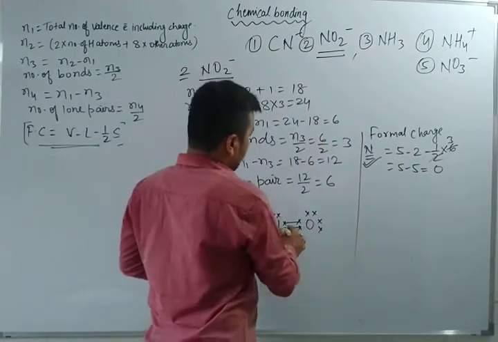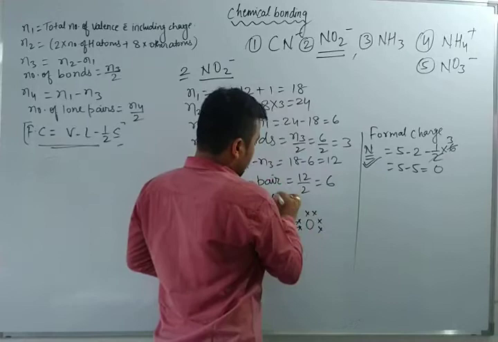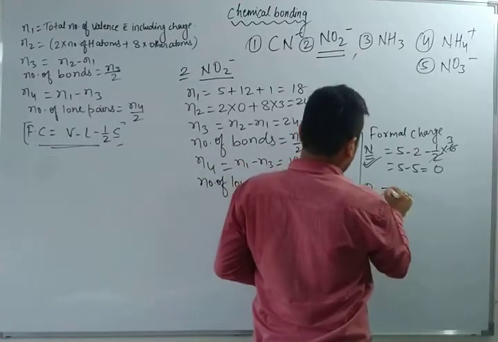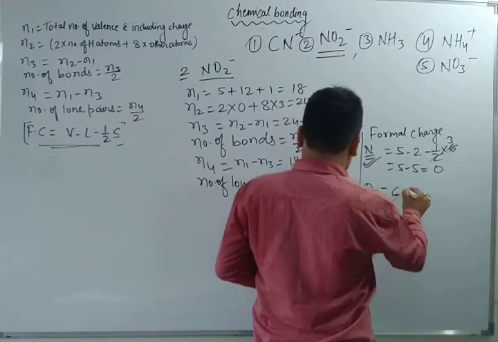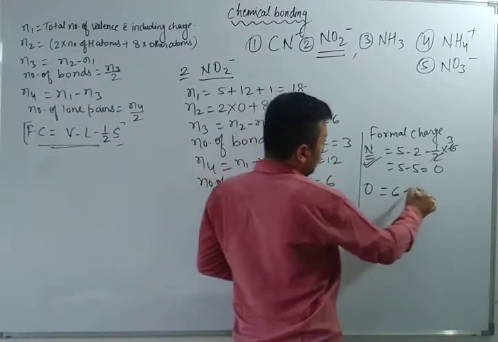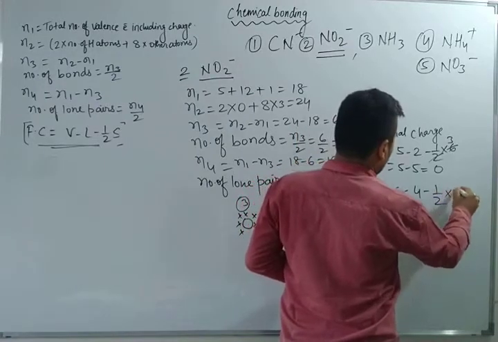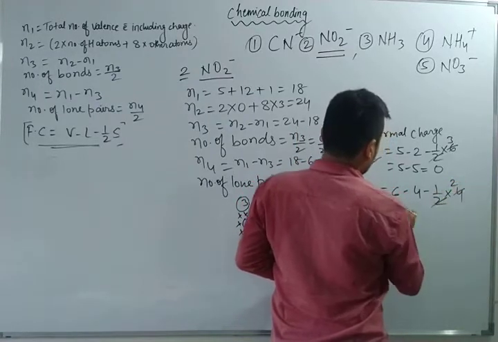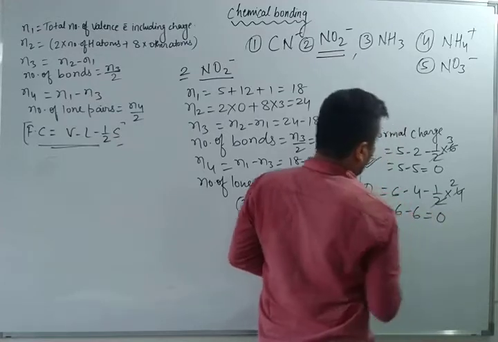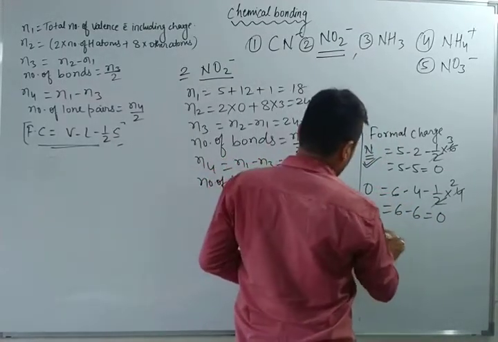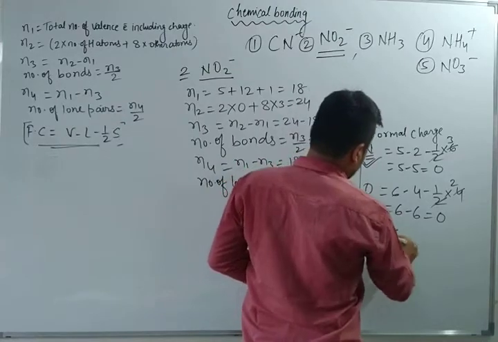Talk about this oxygen. First, second, third. Now talking about the oxygen: valence electrons 6. Lone pairs, 2 lone pairs, 2 twos are 4. Shared pair, 2 twos are 4. So 0, right? Now talking about this third oxygen. Valence electrons 6.